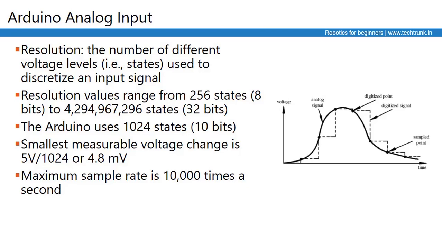For 8 bits, the resolution is 256 states, up to 4.29 billion states for 32 bits. The Arduino uses 1024 states for 10 bits of precision. The smallest measurable voltage change in Arduino is 5 volt divided by 1024, that is 4.8 millivolt. The maximum sample rate is 10,000 times a second.